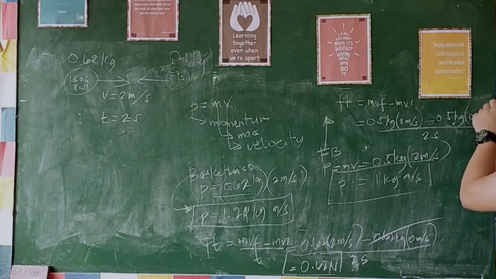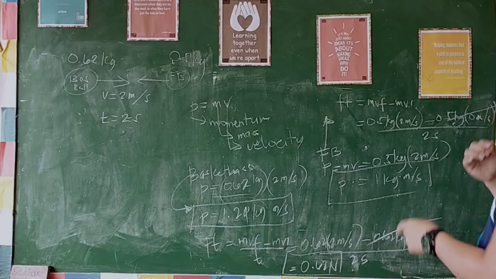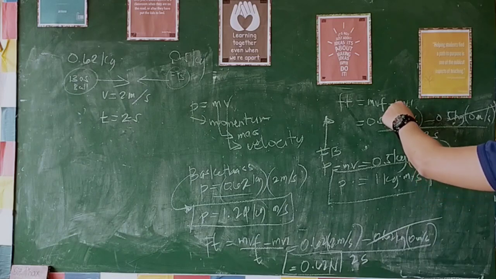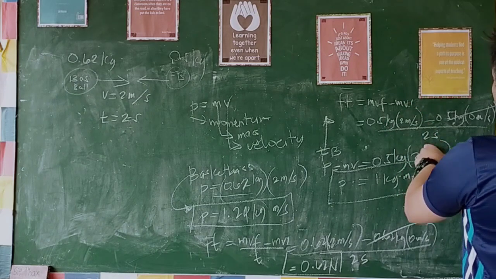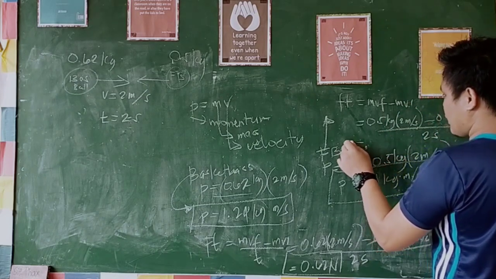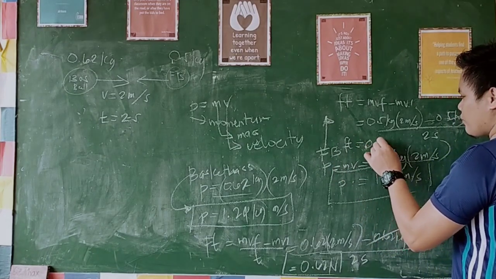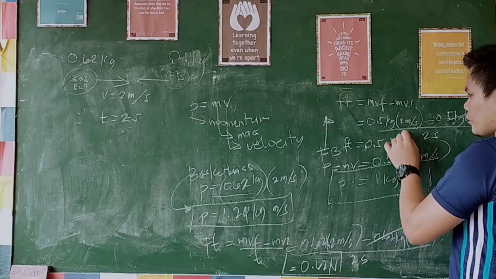So any number multiplied by 0 is equal to 0. So we will multiply 0.5 times 2, which is equal to 1, divided by 2. The Ft here for the football is 0.5 newtons.